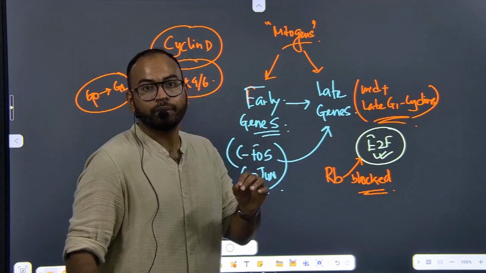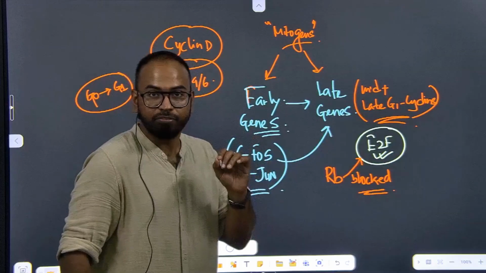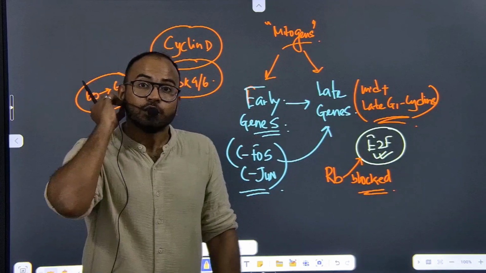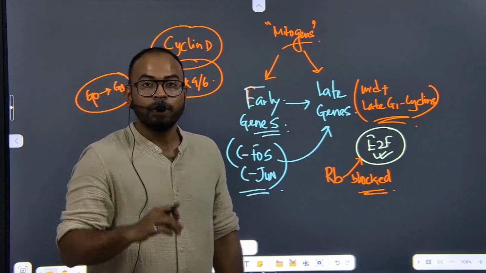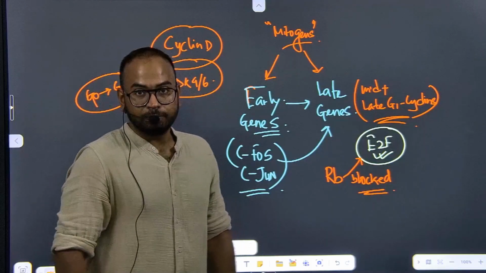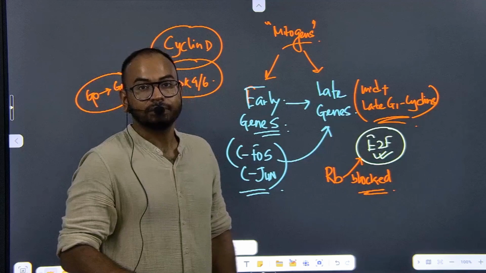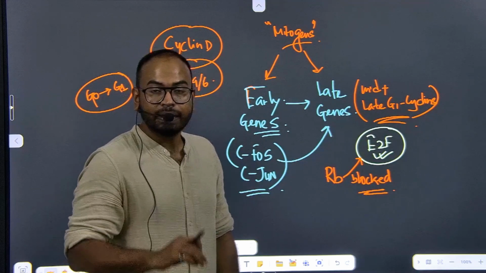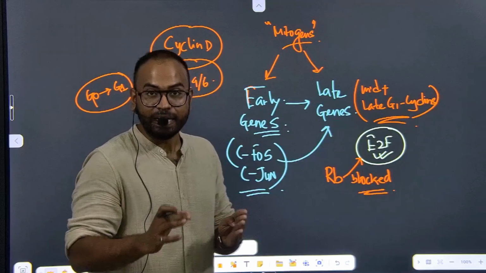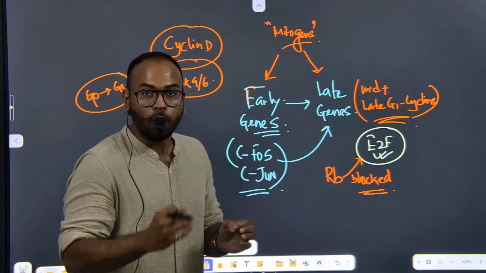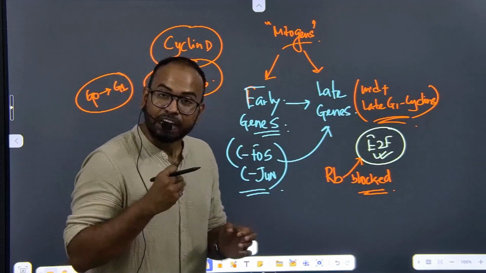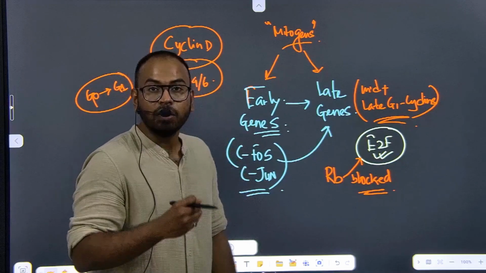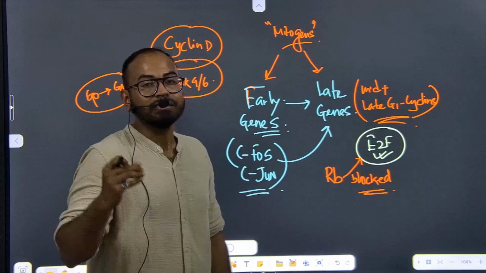In order to free E2F from RB, there needs to be phosphorylation of RB. Hence, E2F will be freed, which will later help in the activation or functional representation of mid and late G1 cyclins.